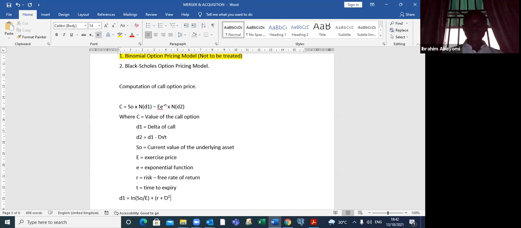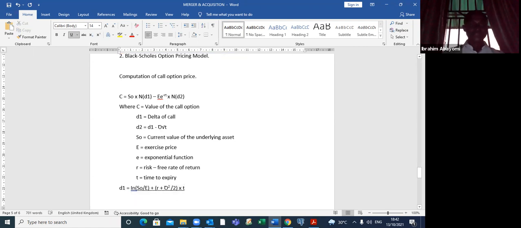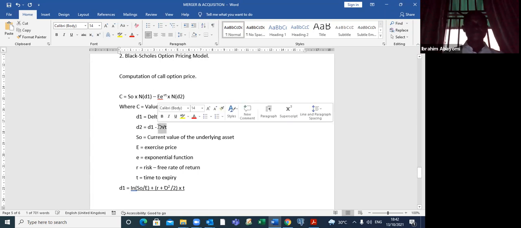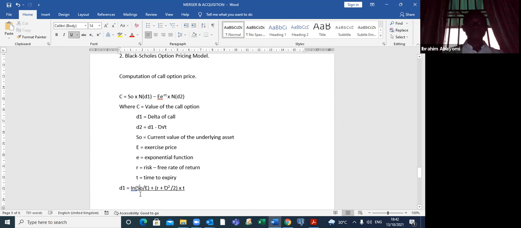All this divided by standard deviation root of t.